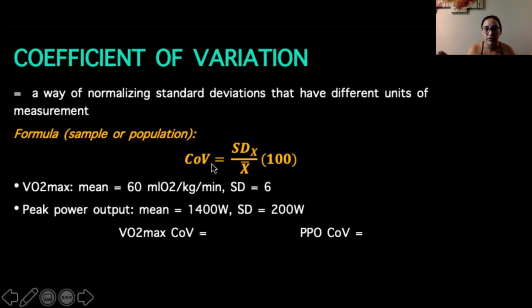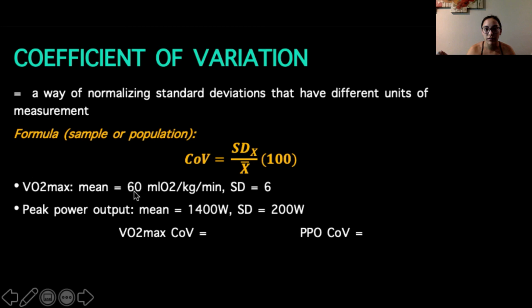So the coefficient of variation, or the COV, is equal to the standard deviation divided by the mean of some data set. We multiply it by 100, and that gives us a percentage. So the coefficient of variation is basically a percentage of the variability that we would see in a data set. For an example, let's say that we collected VO2 max on people.